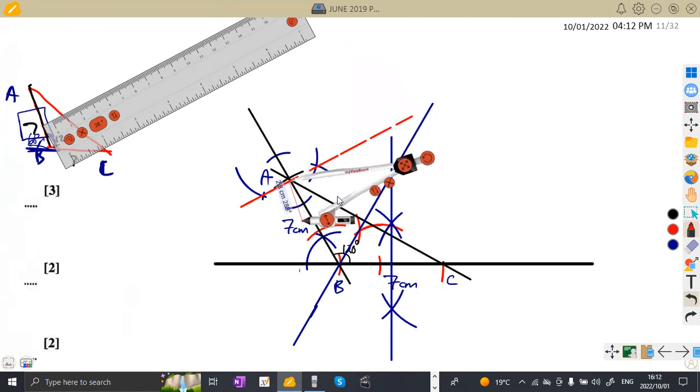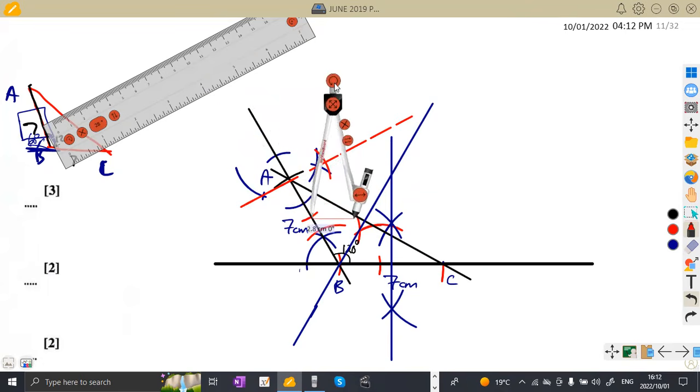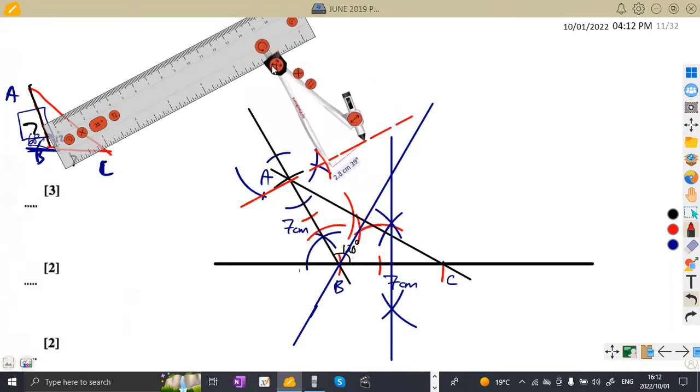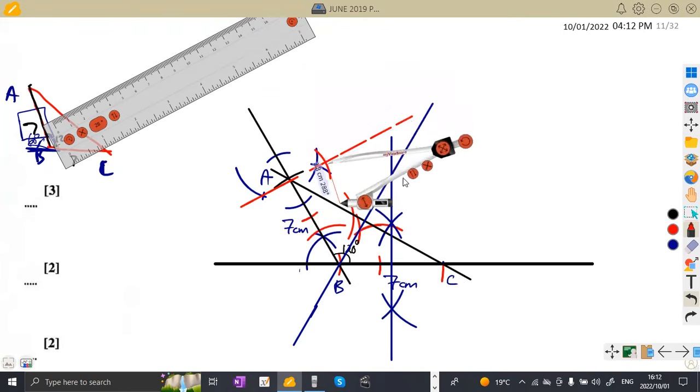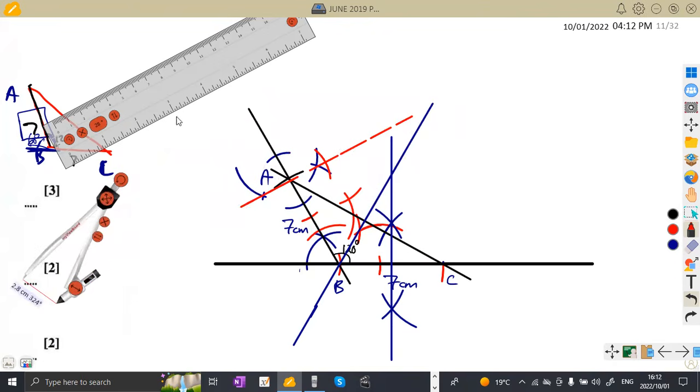So we can just mark a point here and another one on the line that we want to bisect, which means we want to bisect this 90, so we mark along this line. So from these two arcs, remember, you're supposed to mark an arc inside of the region that you're supposed to bisect, maybe somewhere here like this. You do the same from this one. So this question was actually a tricky part if you couldn't understand this statement. All right. So anyways, that is what we're going to have.